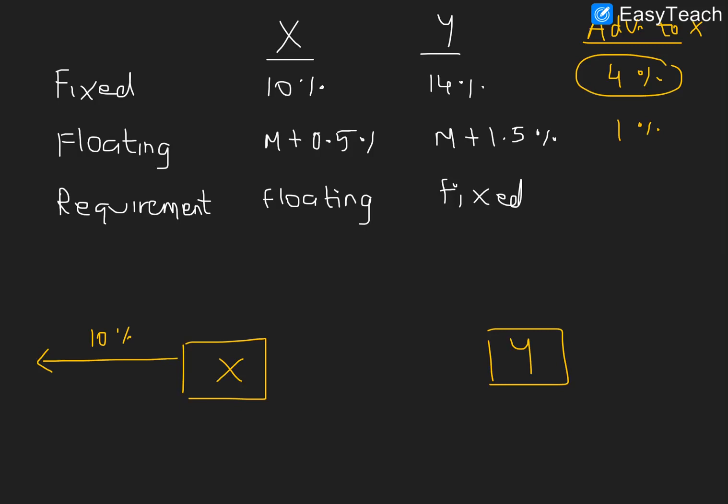And obviously if X is taking a fixed rate loan, Y will have to take a floating rate loan where Y is going to pay outside MIBOR plus 1.5%.